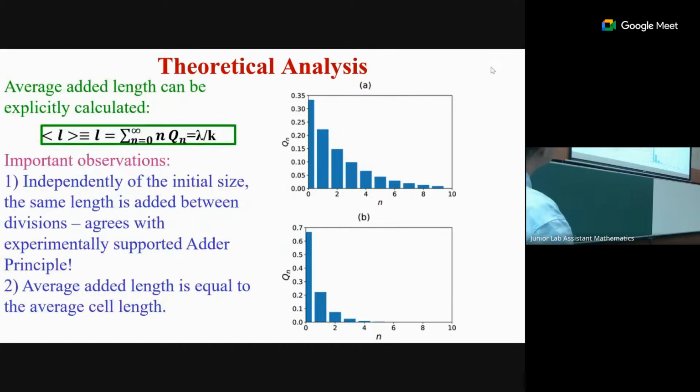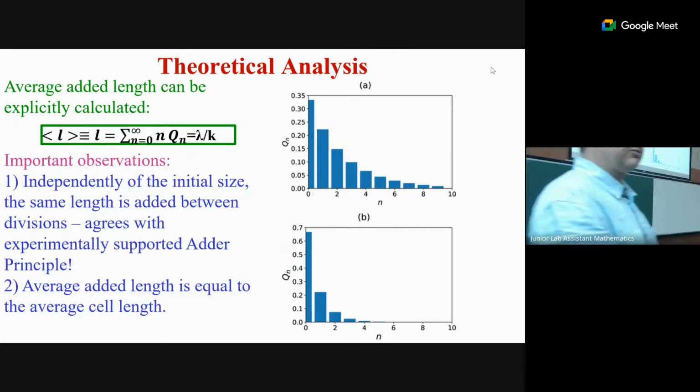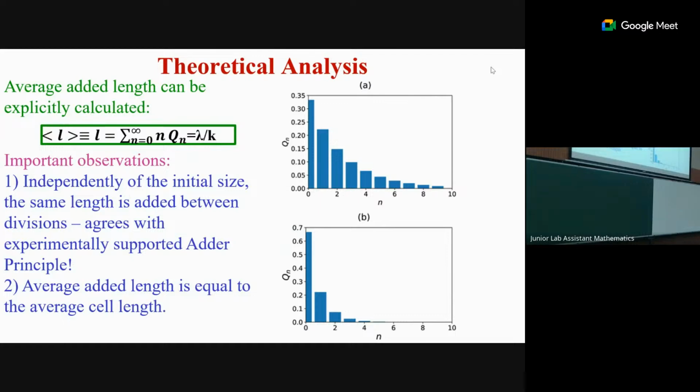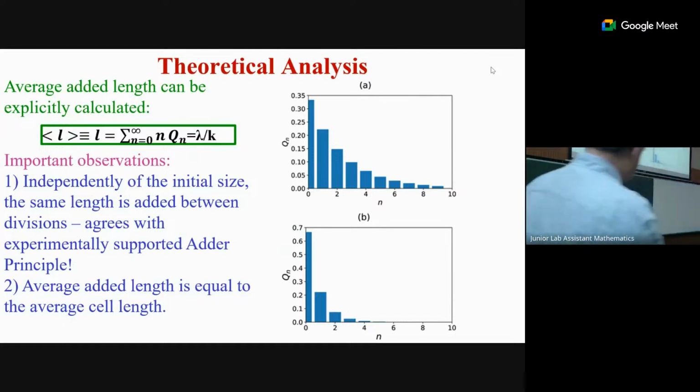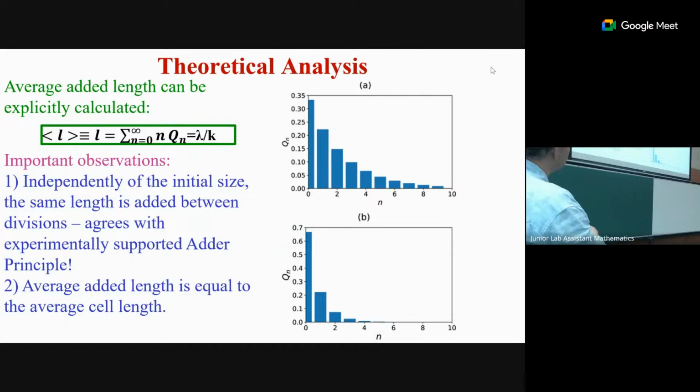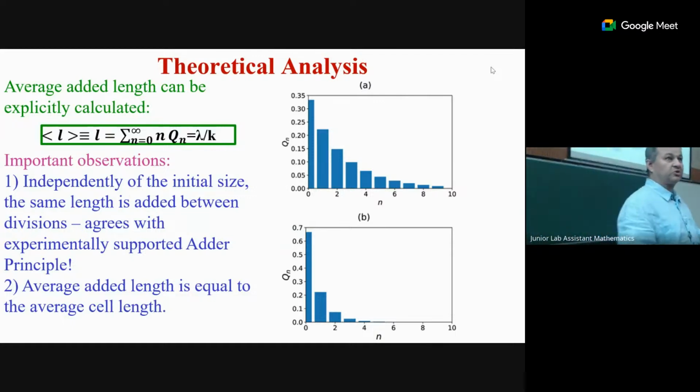Good. But you can use this quantity also to calculate the average added length. You can calculate what is the average added length between divisions, right? Q of n is the probability of division exactly at n, right? So if you do this average, you're getting an amazing result. It doesn't matter how you start, you always add the same amount of length in this stochastic picture.